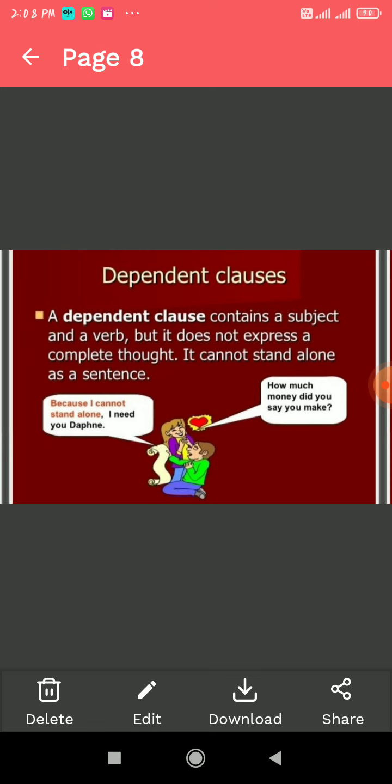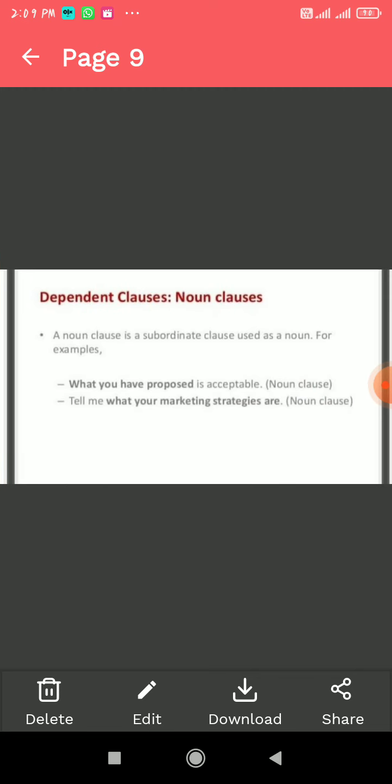Because I cannot stand alone, I need you, Daphne. So because I cannot stand alone is a dependent clause. This sentence doesn't make sense until and unless we use this clause to make a sentence.